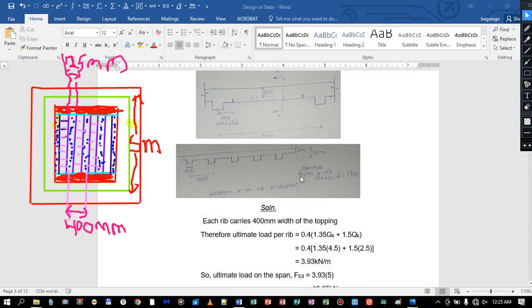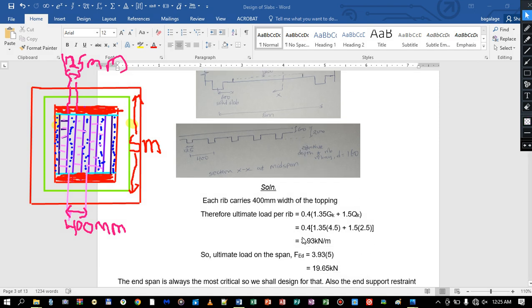So now the first thing you have to do is to compute the load carried by a single rib.